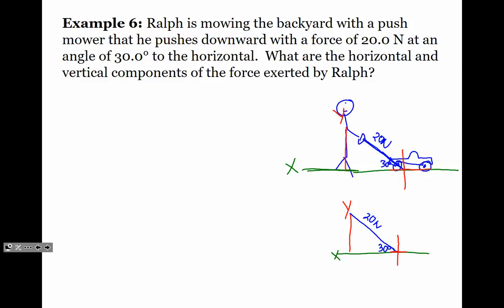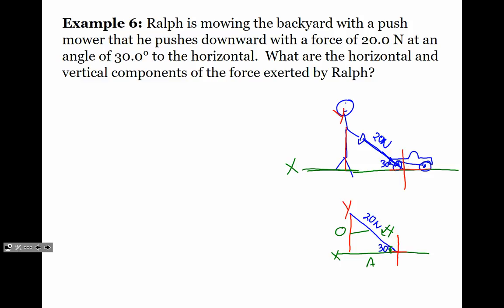So we can use trig. So if this is my angle right here, and I know this is my hypotenuse, this would be my adjacent. Therefore, this is opposite. So I have now identified H, and well, you just decide which one you want to use, O or A.